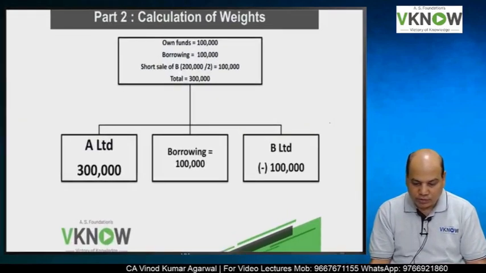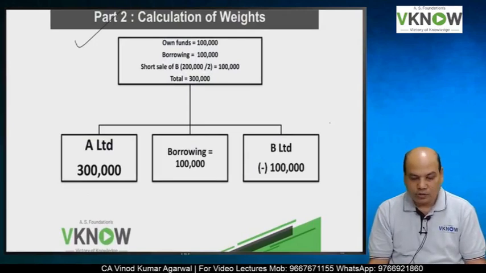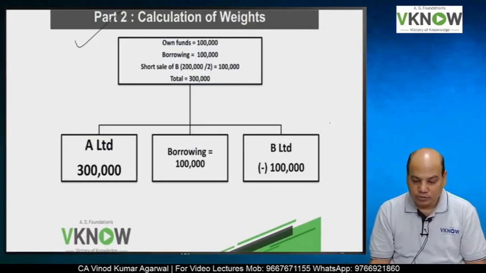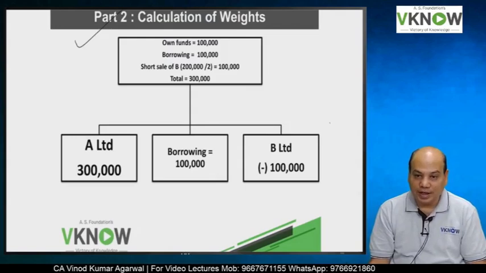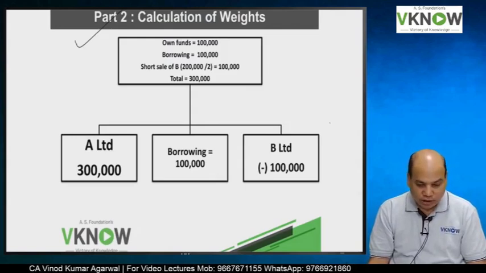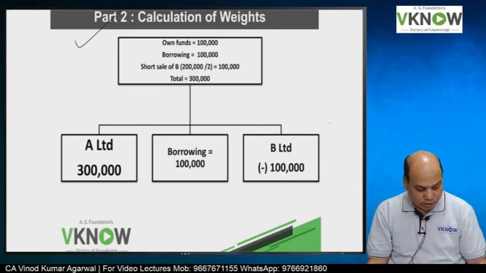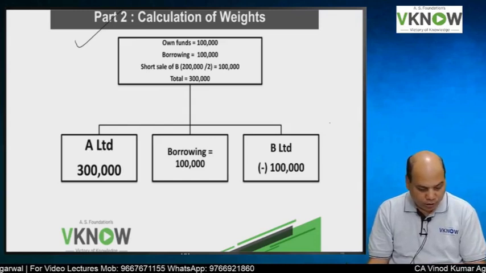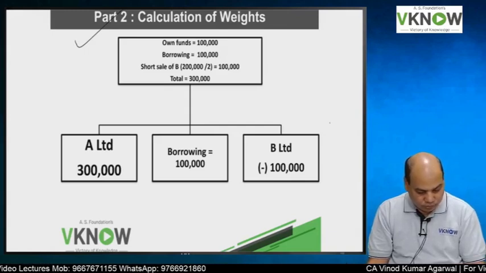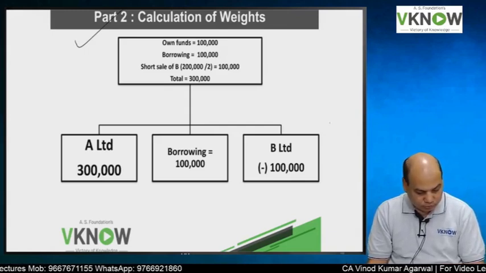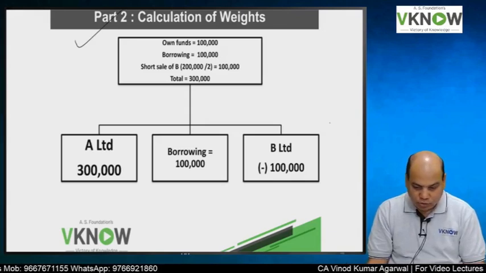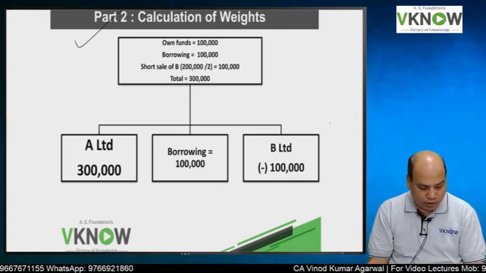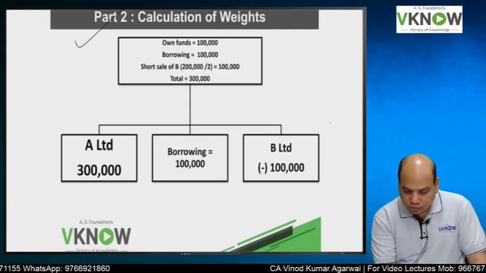Now we'll write down third answer. Answer of part 2. For that I need to first find out exactly how much amount was invested in A Limited. Under that write down own fund 1 lakh, borrowed fund is also 1 lakh, total we have 2 lakh.